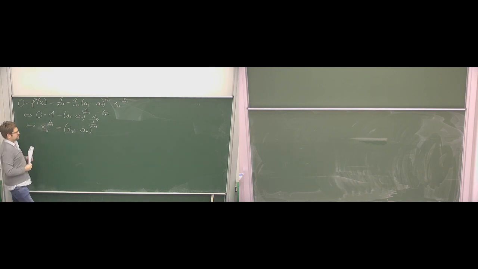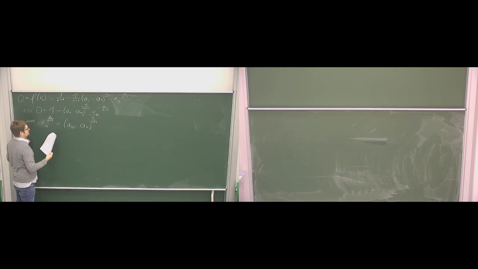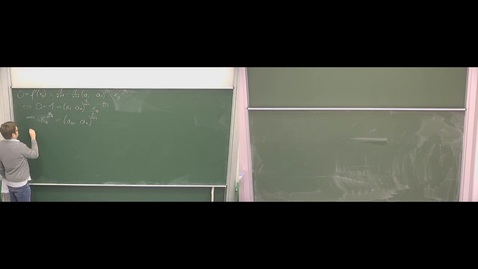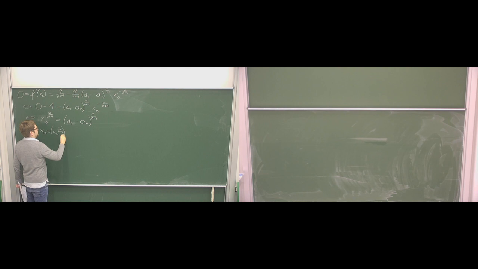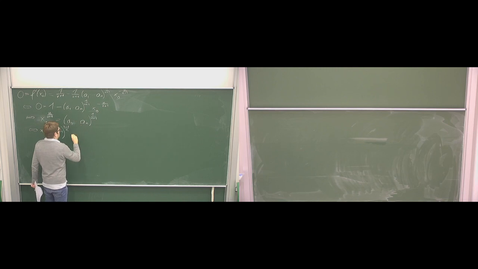Now, by the power laws, we can take everything to the power of n plus 1 over n, the reciprocal of this. So if we take that, this is the same as this term to the power of n plus 1 over n, and we see that the n plus 1 and this n plus 1 cancel each other out.